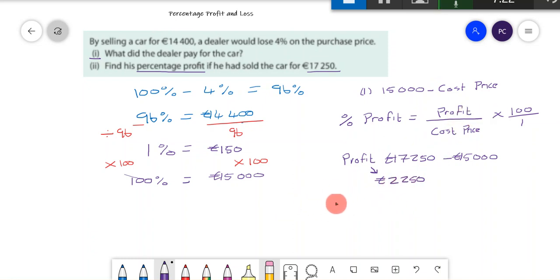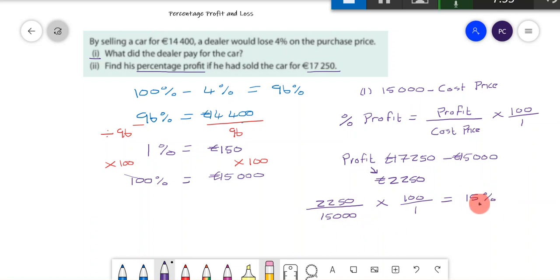So it's going to be the profit, which is 2,250, divided by the cost price, which is 15,000, multiplied by 100 over 1. And if we work that out, it's going to be equal to 15%.